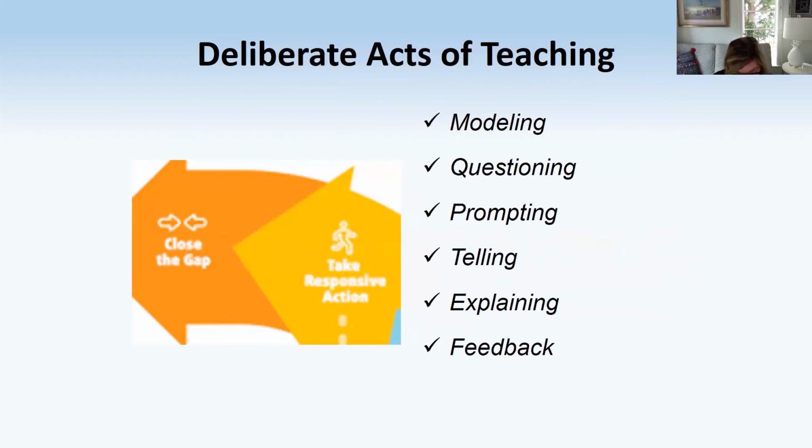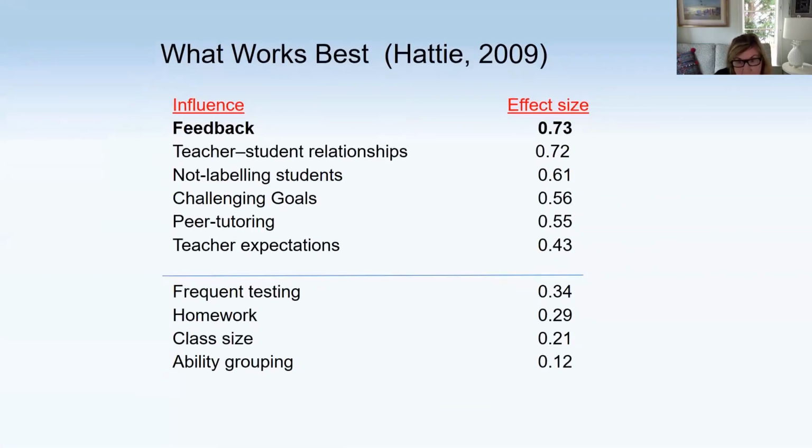And if we look at the work of John Hattie, we can see that the influence feedback has an effect size of 0.73. So what Hattie did was he looked in his research at various influences on learning, and these are just some of them. And you can see that feedback is one that's very powerful and significant.